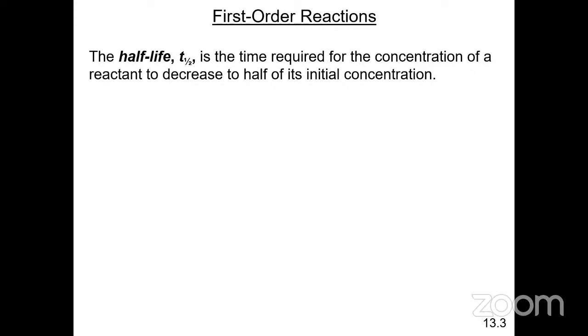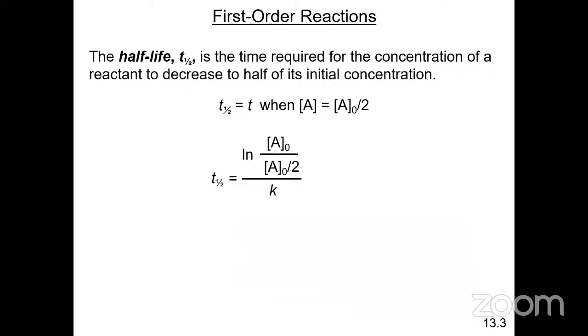Just to remind you, the half-life of a reaction is the time taken for half the amount of the initial substance to react, all right? So applying that to the equation that we just derived, we again replace T with T half, which is the half-life, and replace A with the initial concentration of A divided by 2.